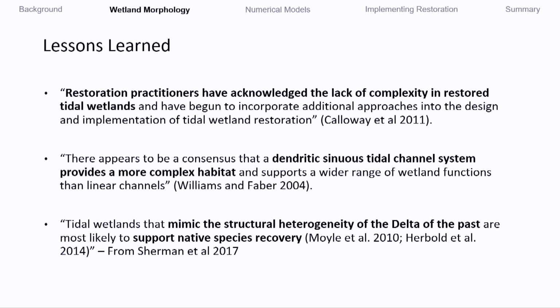And lastly, it's important to look at the past, things like SFEI documents that have done a really good job of characterizing what the historical delta looked like, and mimic those historical landforms to better support native species recovery. It's important to keep in mind many of these fish evolved in that system, and so restoring to something similar might be the best approach.